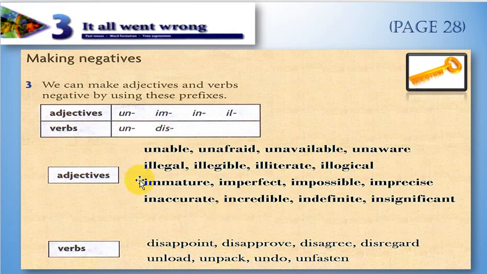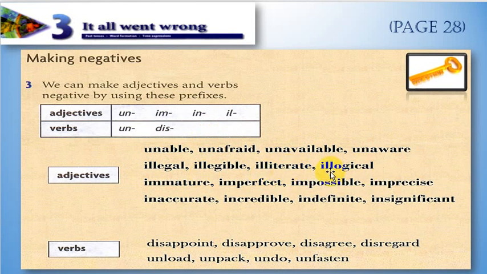Here are some examples. In adjectives, as we said, able, unable. Afraid, unafraid. They give the meaning and its opposite. Available, unavailable. Aware, unaware. il, legal, illegal. Legible, illegible. Literate, illiterate.